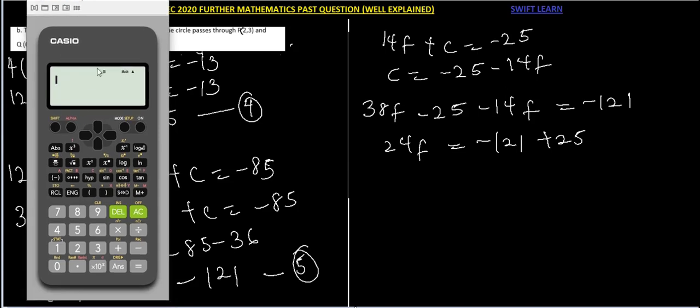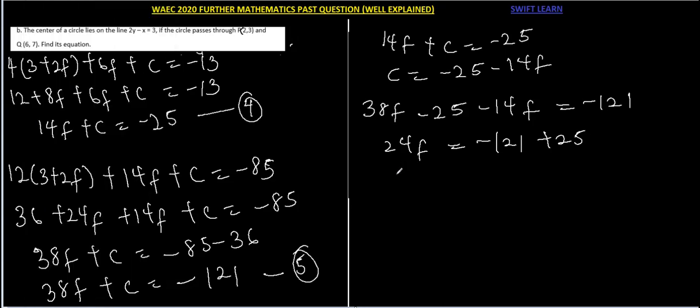So I have minus 121 plus 25. It'll give you what? Minus 96. So what is this divided by 24? Should be minus 4, yes.